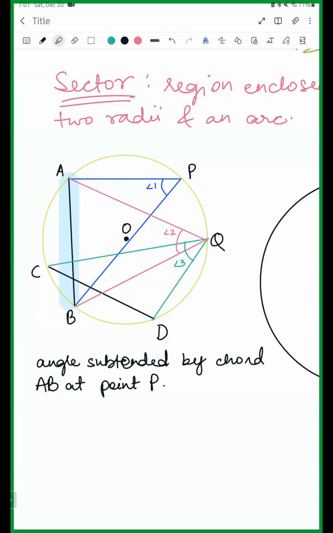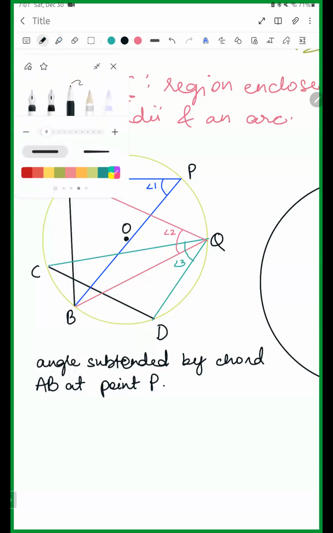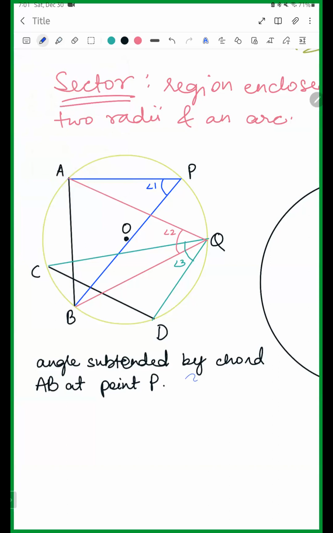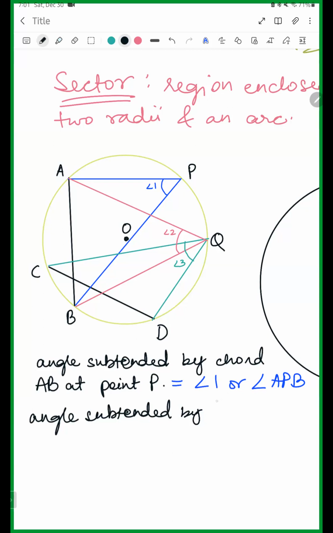Angle 1. Very good. It's angle 1, or you can say angle APB, right? Good. Now, angle subtended by chord AB at point Q. Which one is it?